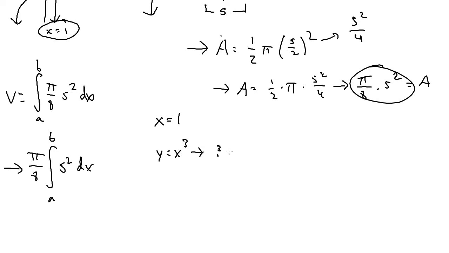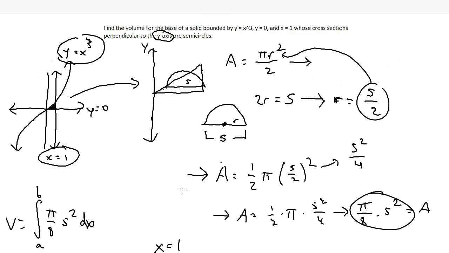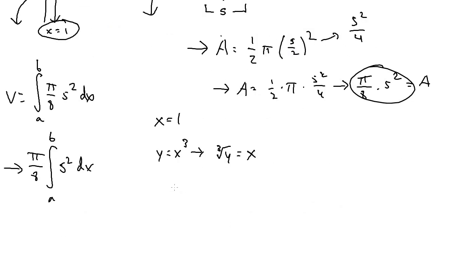So the cube root of y is going to be equal to x. Now to find those points, we can find where they intersect. So 1 is equal to the cube root of y. To get rid of the cube root, we can cube both sides. So y is going to be equal to 1 cubed, which is simply 1. And that is the point of intersection.